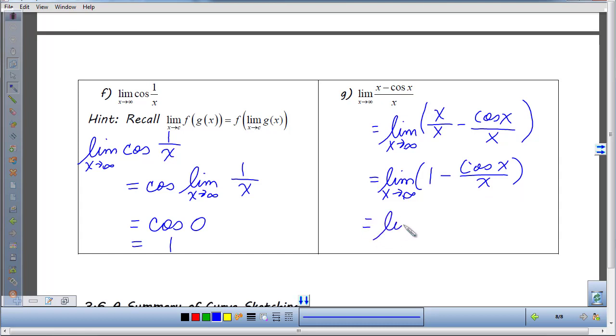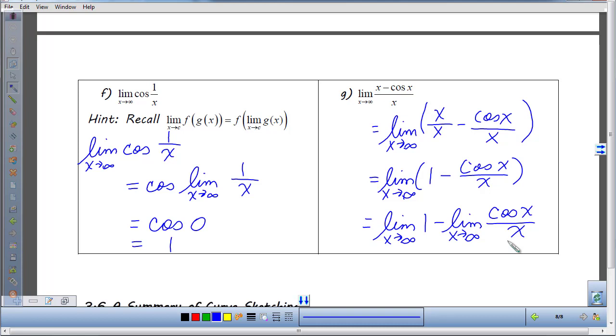So we have the limit as x approaches infinity of 1 minus the limit as x approaches infinity of cosine x over x. If you'll recall from earlier in the semester, we had two special trig limits, and this was one of those limits.